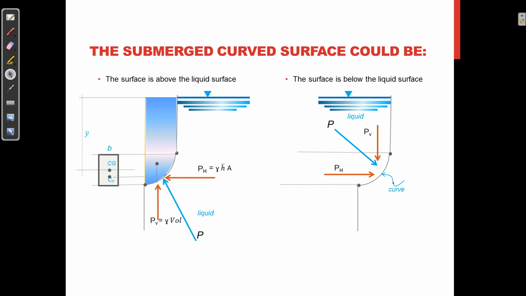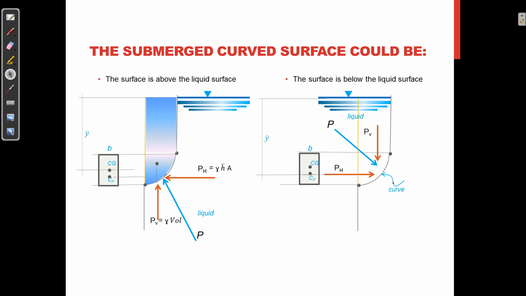So therefore, y bar is also equal to h bar. So likewise, in this case, we label that as a width. This is the center of gravity. Below that is the center of pressure, where the horizontal component is concentrated. So again, this will be our y bar.